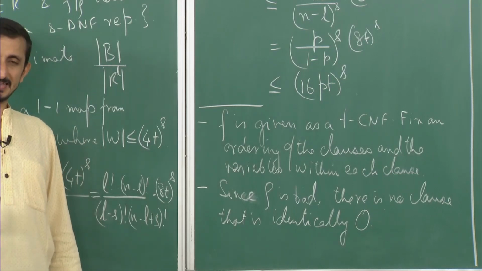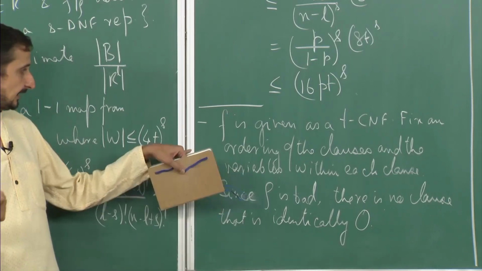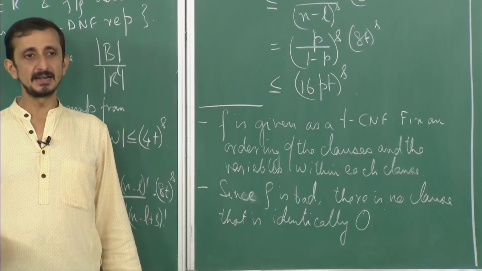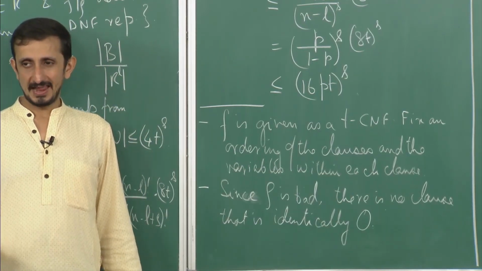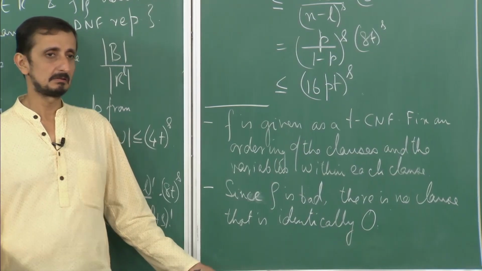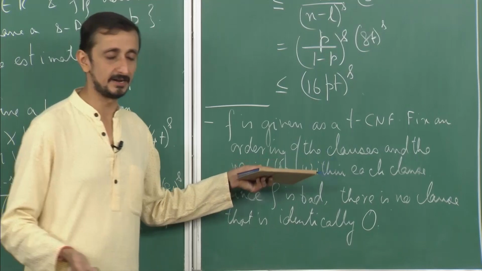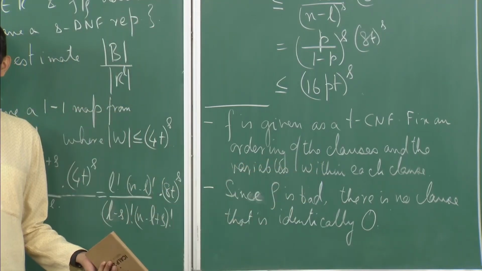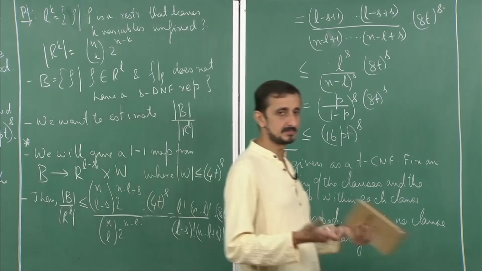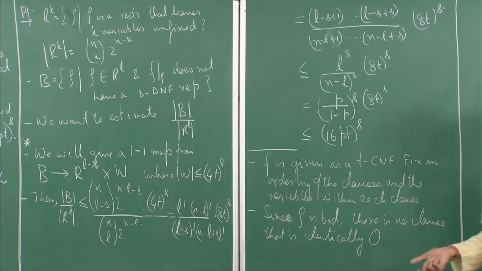Okay. Because if I have a clause in this representation that is identically 0, then f is identically 0, right. And if f is identically 0, then I can represent f as any DNF. I mean, basically f is just a 0 function in that case. Okay.